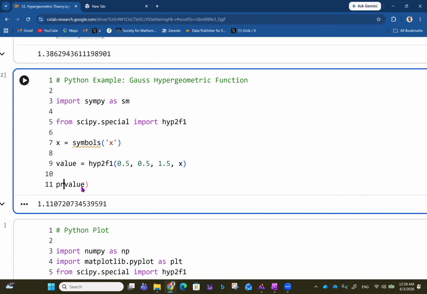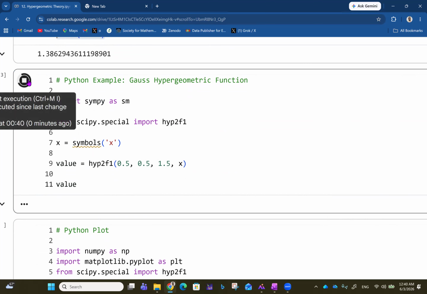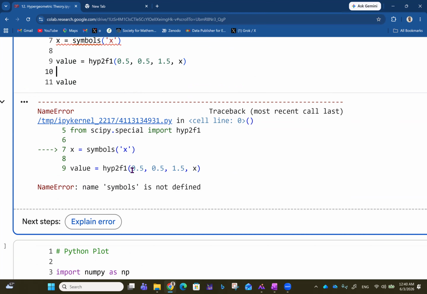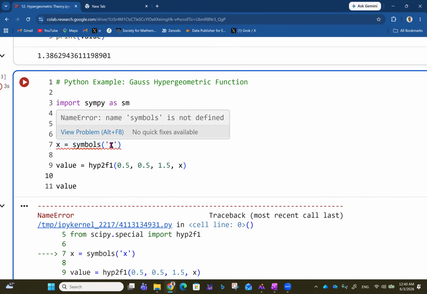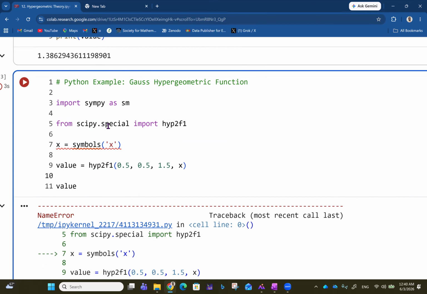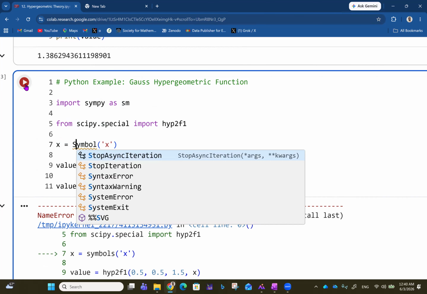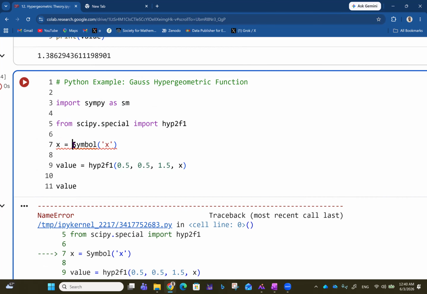I just want to have this value in its raw polynomial form. Okay, something is not right: name symbol is not defined. What should I have done here? Oh, I know what's wrong. The symbols are coming from sm, so they can't come on their own.